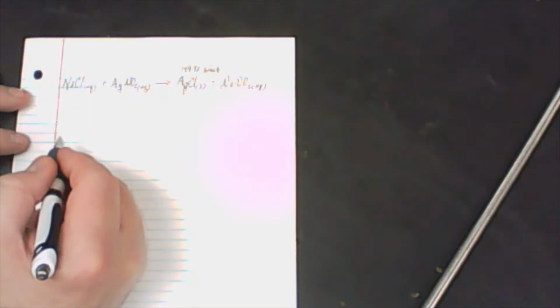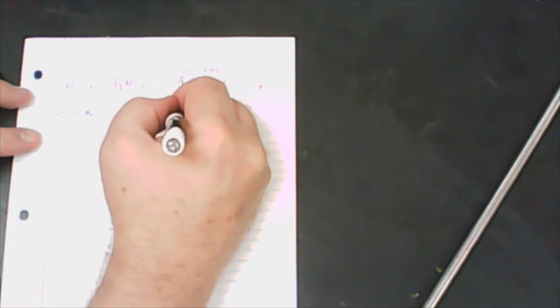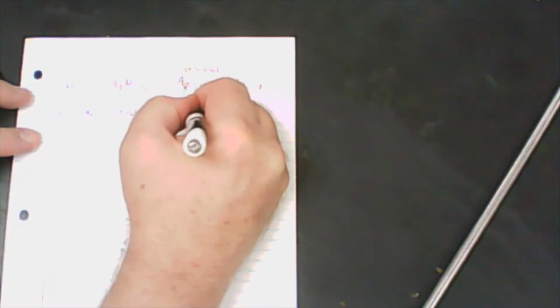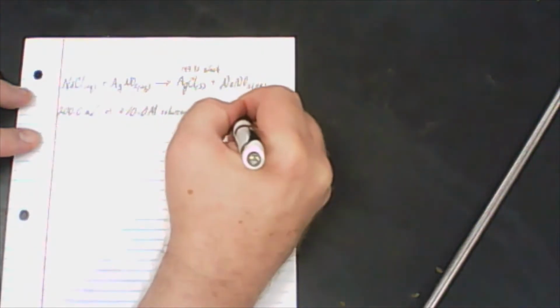Now, we measure our solutions in terms of concentration and volume. So let's say we have 200 milliliters of a 10 molar solution of AgNO3.